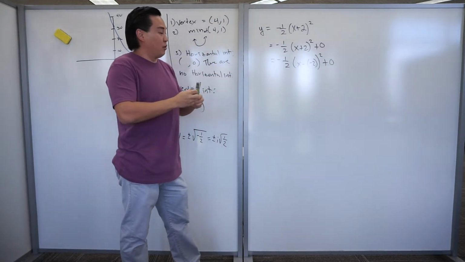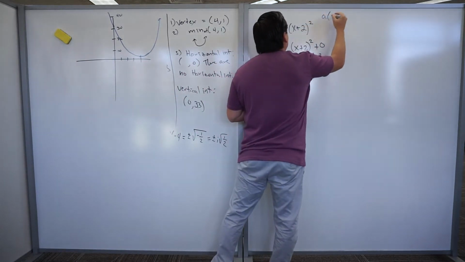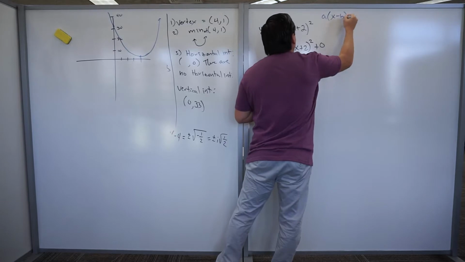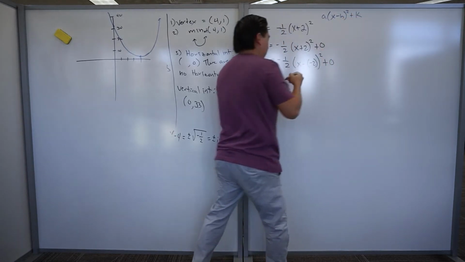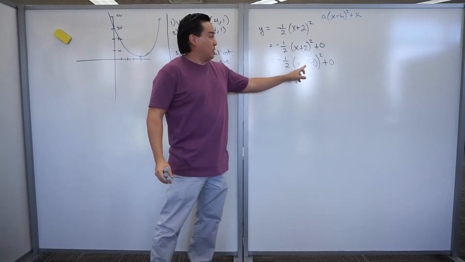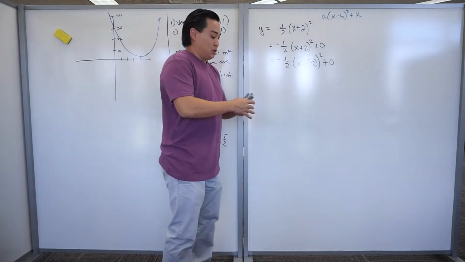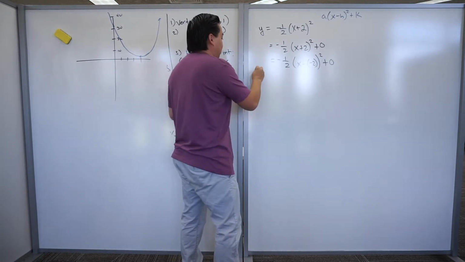Now remember, the original form was a times x minus h squared plus k. So you need it to be a minus in the middle. So the minus here gives you a -2 because -(-2) is +2. So using this now we can answer our questions.